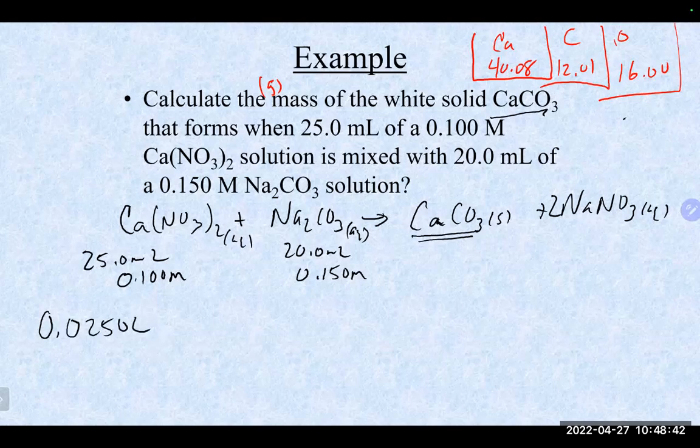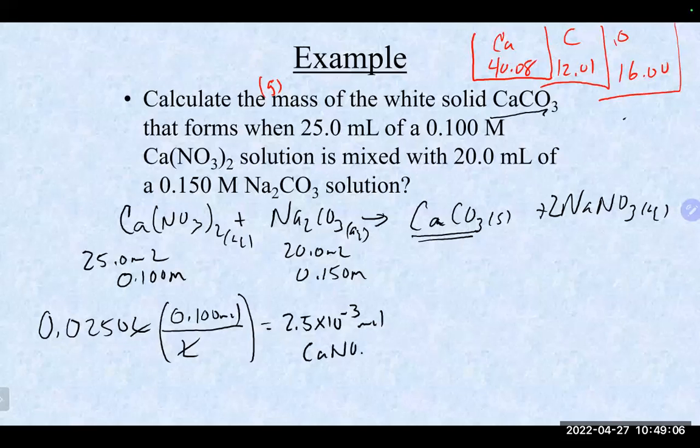If we divide the 25 by 1,000, we multiply it by the molarity of our calcium nitrate. The liters cancel, and that gets us 0.025 times 0.1, 2.5 times 10 to the minus 3 moles of our calcium nitrate.